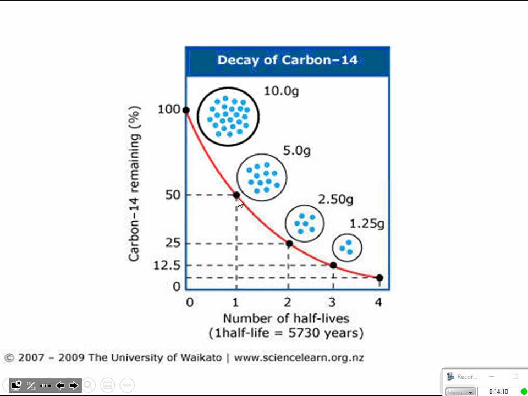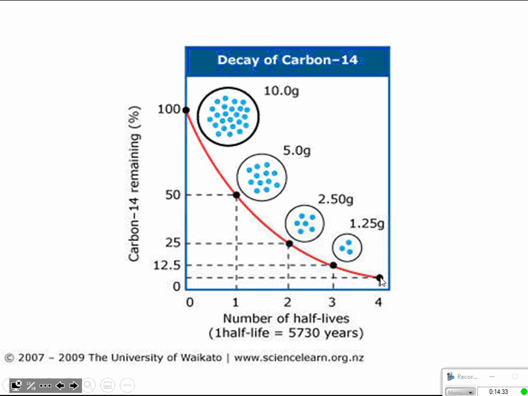Then half of 50 is 25. Here's another half-life. Half of 25 is 12.5. What's this number going to be down here? It doesn't have it on there. What's half of 12.5? 6.25. So right over here, this line is 6.25. That would have been 4 half-lives.